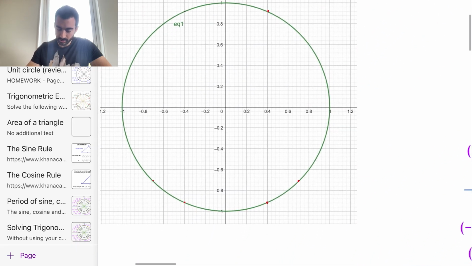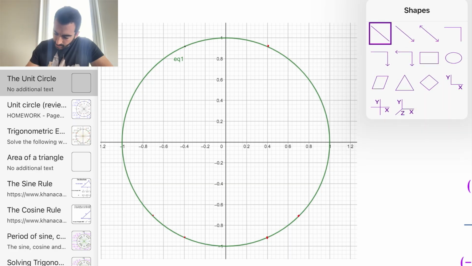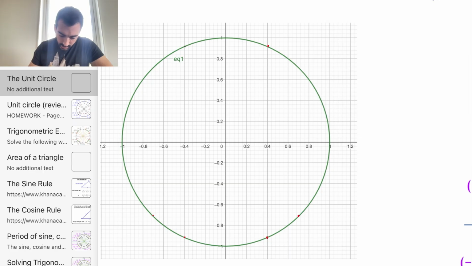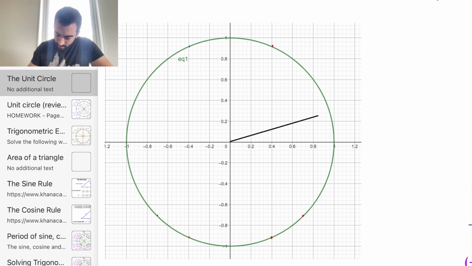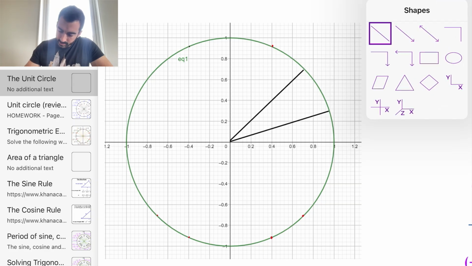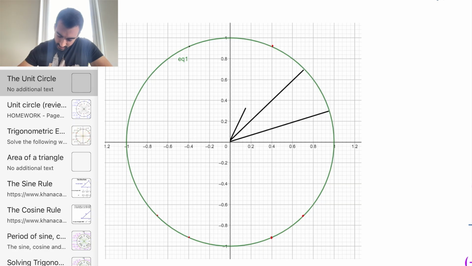For example, here, let's say I have a 30-degree angle over here. I've got also a 45-degree angle. And I have a 60-degree angle.